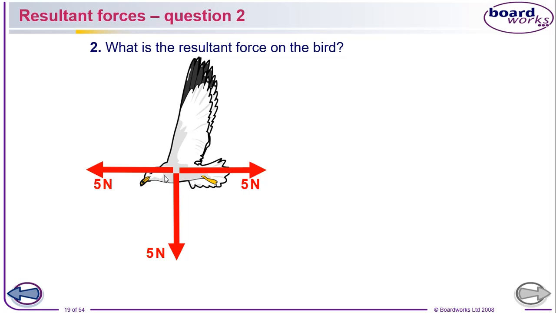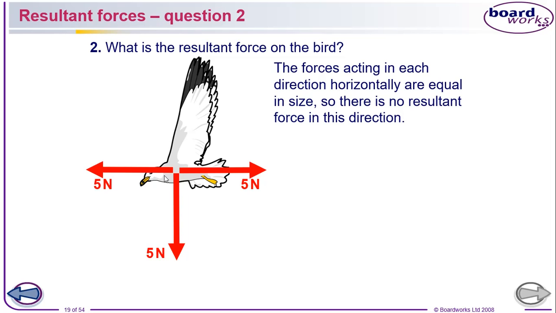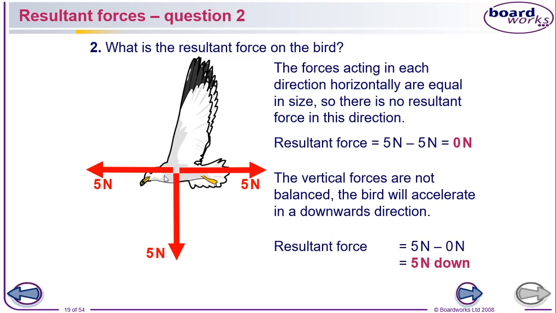And there is no force mentioned acting upwards, so you consider it 0. Now the resultant force for the vertical forces is only 5 newtons. So this bird is going to move slightly downwards, and there will be no change in its speed because the horizontal forces are equal in size, right?